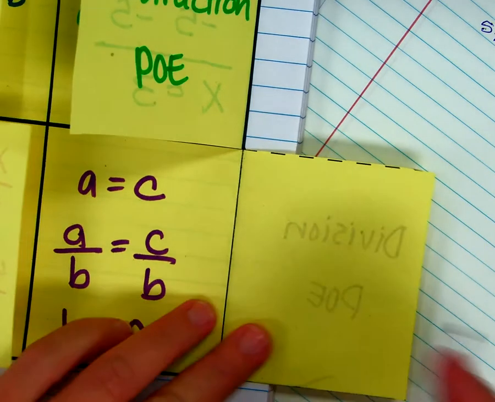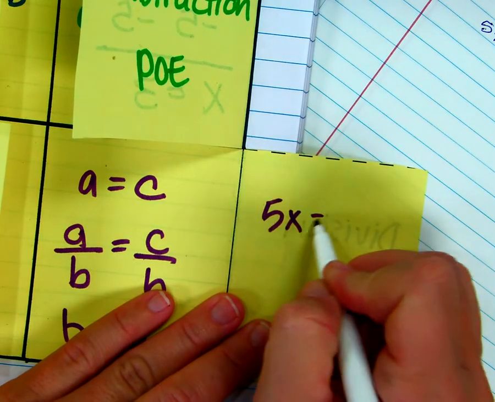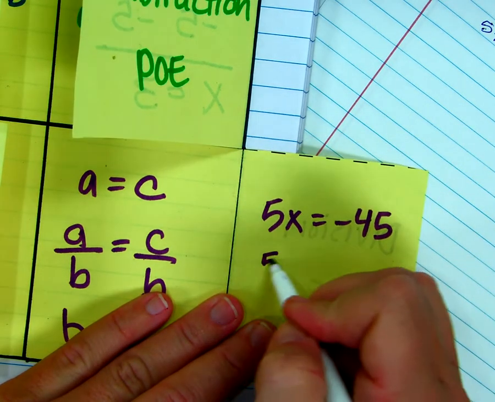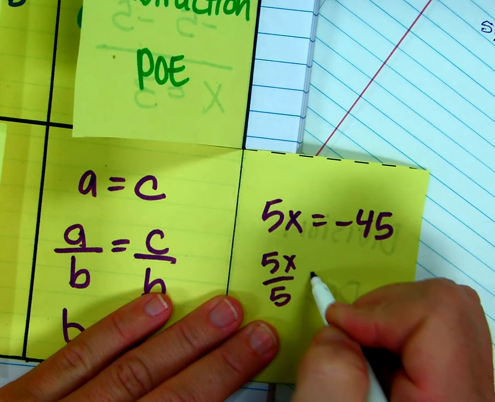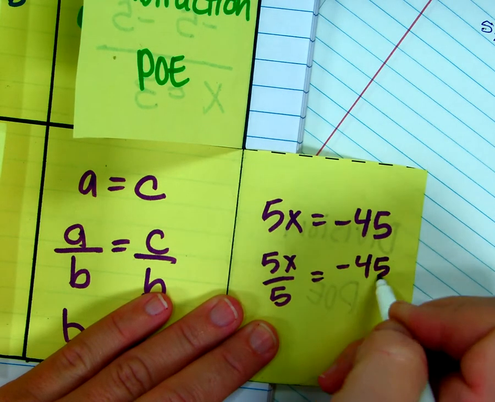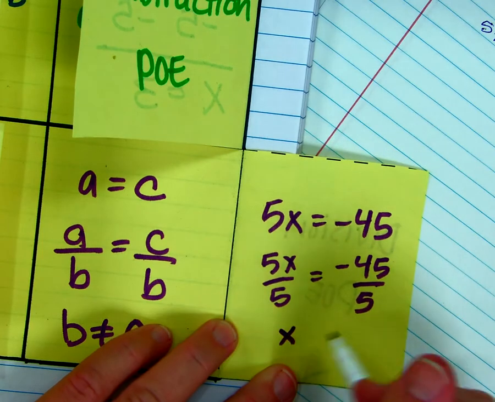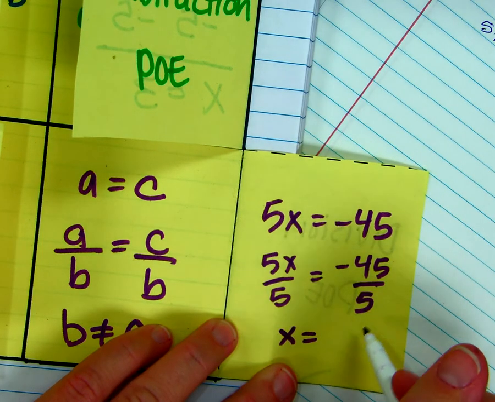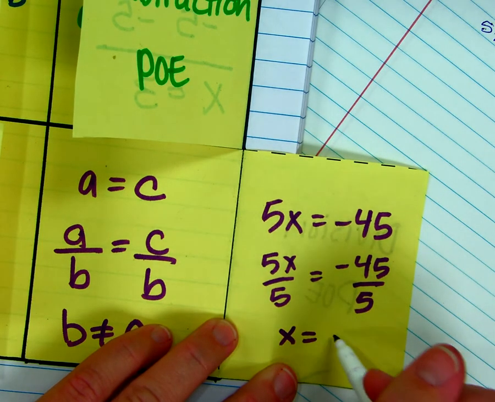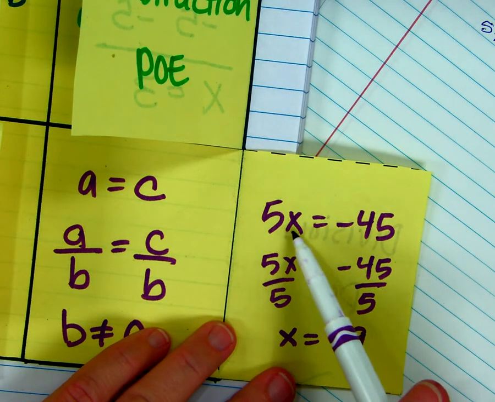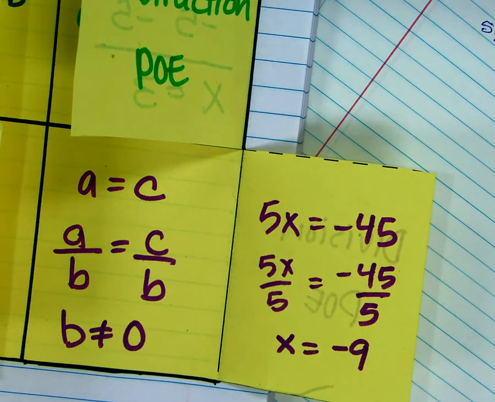So again, if I had something like 5x equal to negative 45, I would take 5x divided by 5, negative 45 divided by 5. 5 divided by 5 is 1. Negative 45 divided by 5, a negative divided by a positive is a negative, and I've got negative 9. When I plug it back in, 5 times negative 9 is negative 45.